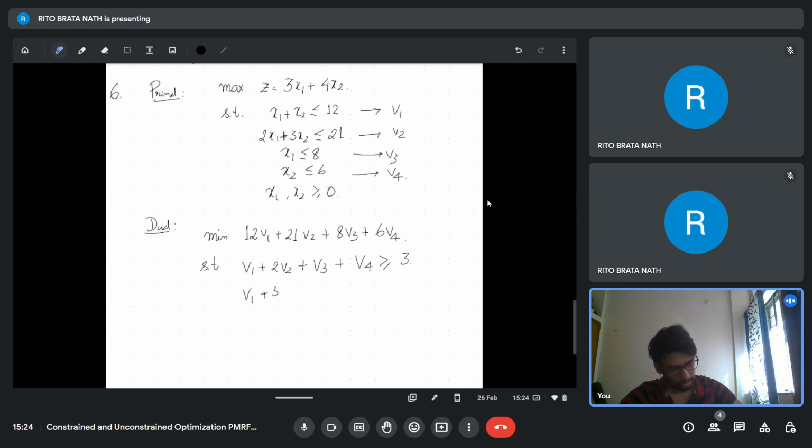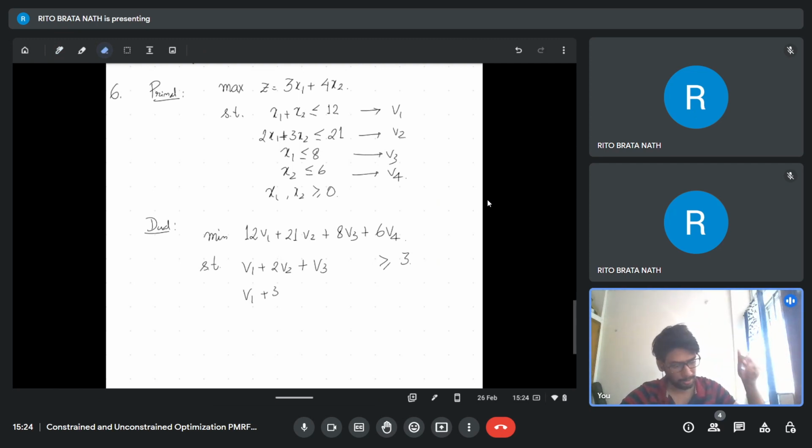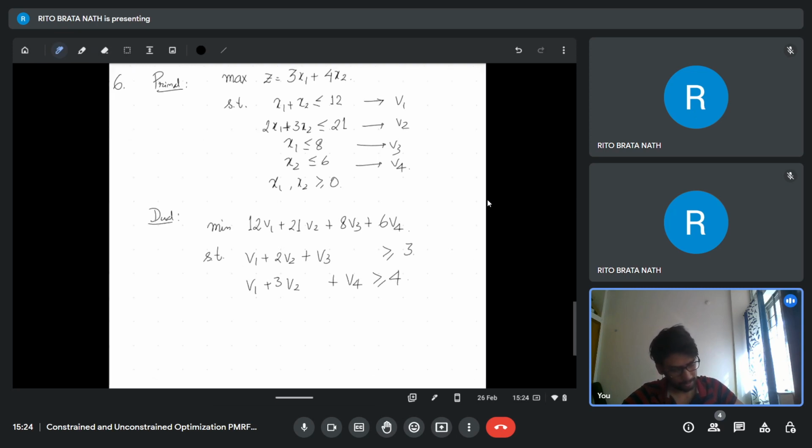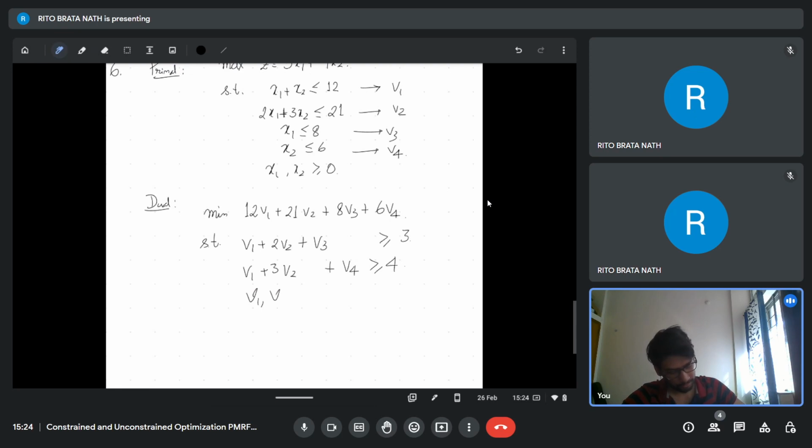I think there should not be any v4 in the first one because x1 doesn't appear in that equation. All of them were of less than or equal type constraints, so v1, v2, v3, v4 are all greater than or equal to 0.